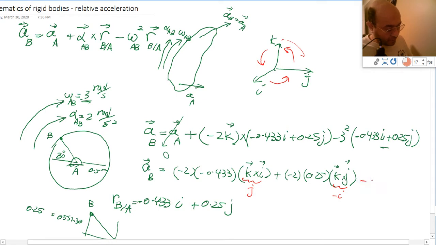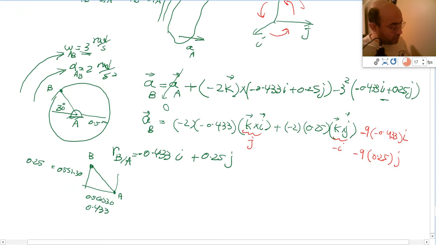So I have minus 9 times minus 0.433 I, and lastly will be minus 9 times 0.25 J. So all you need to do is simplify it and then get your answer.